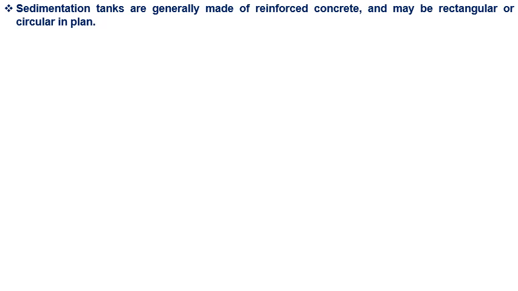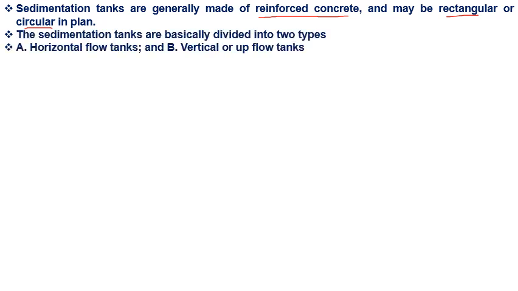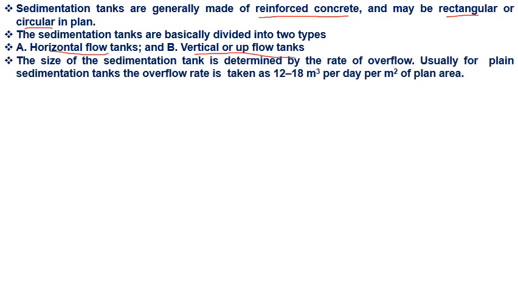Sedimentation tanks are generally made of reinforced concrete and may be rectangular or circular in plan. The sedimentation tanks are basically divided into two types: horizontal flow tanks and vertical or upflow tanks. The size of the sedimentation tank is determined by the rate of flow.